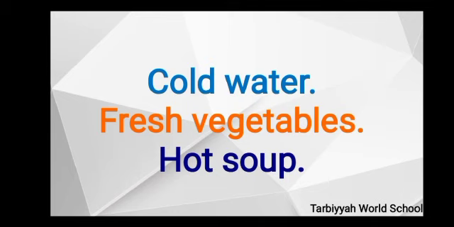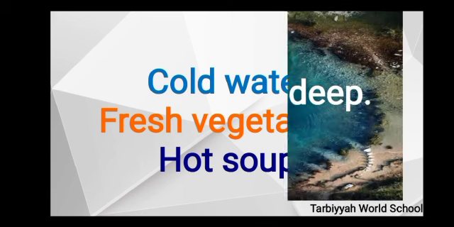Fresh vegetables. Here, fresh describes the noun vegetables. Hot soup. In this, hot describes the noun soup. So, an adjective describes a noun. An adjective comes before a noun that it describes or qualifies.